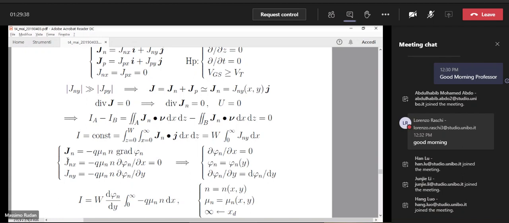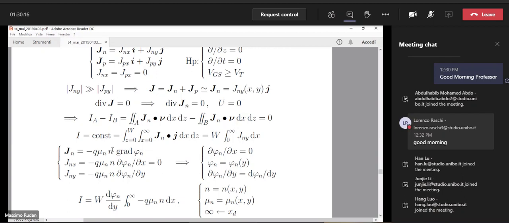It is Jn equal to minus Q times the mobility mu n times the concentration of the electrons times the gradient of phi n. Phi n is the quasi-Fermi potential for the electrons, okay? So that is the general expression of the current density. But at this point, we remember that this current density has only one component.